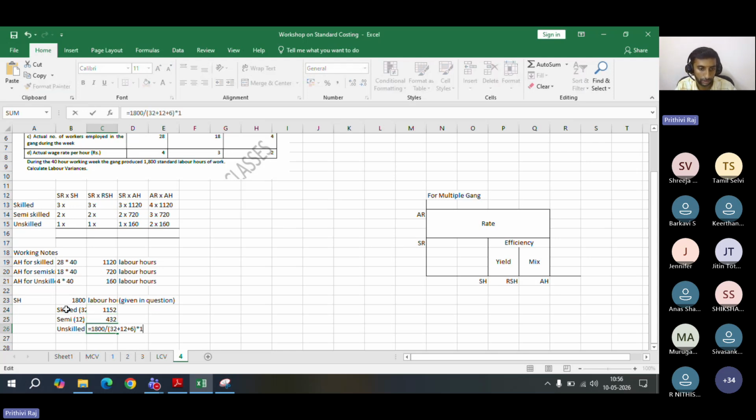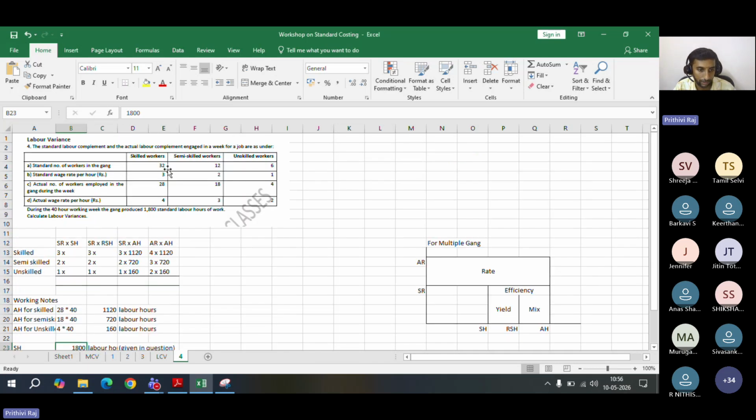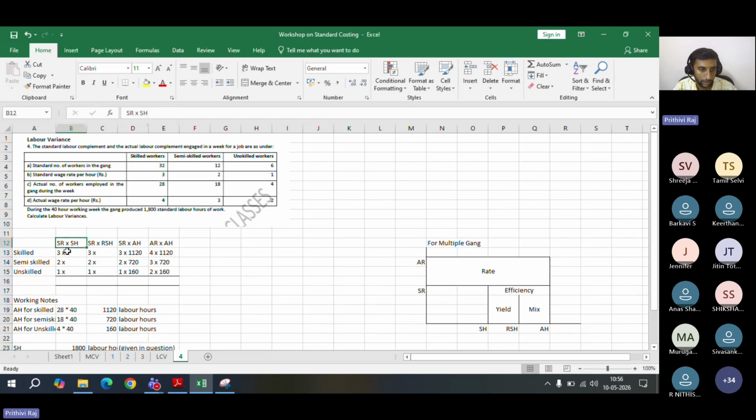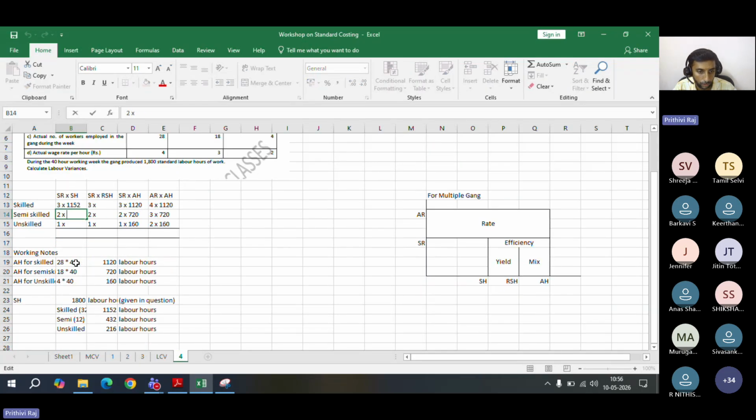Here it is 6. So totally 1800 labor hours are there. I'm splitting the labor hours based on number of workers. Put it in SH: 1152, 432, 216. Okay, we found out the standard hours.